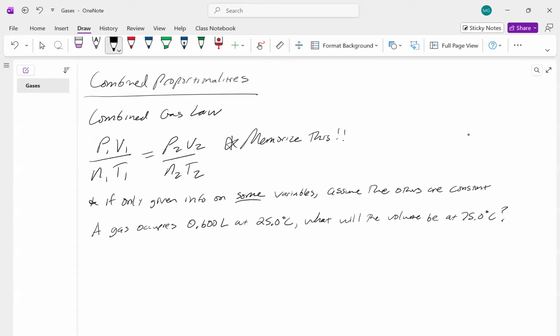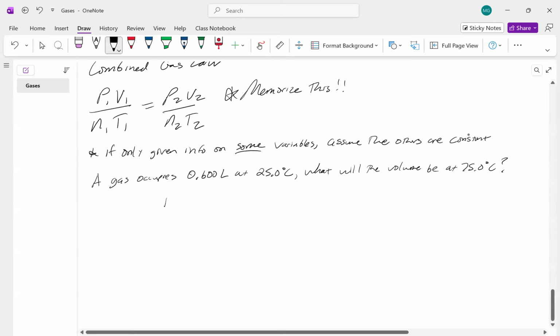Okay. So first of all, what formula am I going to be pulling from? Notice that I'm causing some sort of change to a gas. And so I'm going to start by looking at the combined gas law.